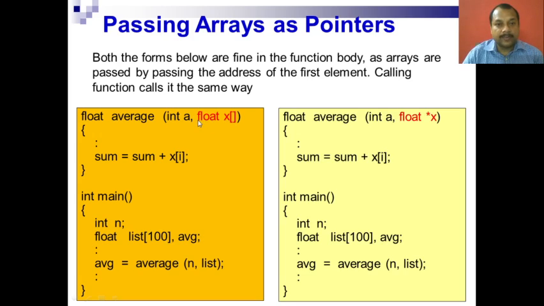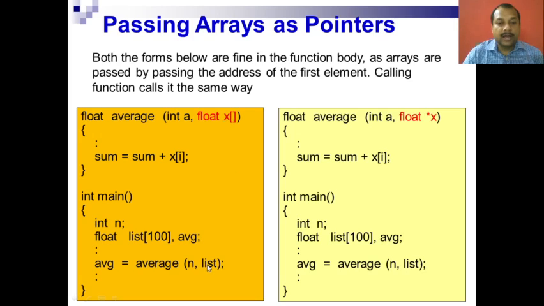So here I am writing float x square bracket. That is interesting indeed. First of all, while I am writing this, I am not actually copying the content of list. I mean, I am not copying the elements in list to array x.